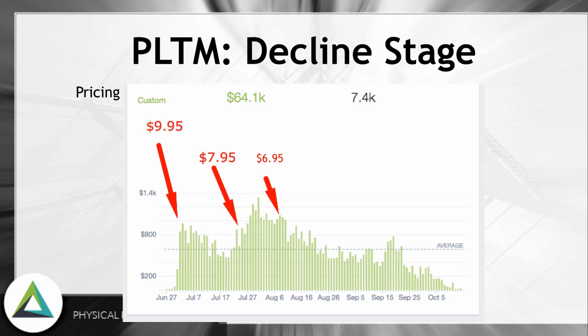For the most part, it was just a single item that did $64,000 in revenue. The average order value was $850 or so, and that gave us $64,000 in revenue.